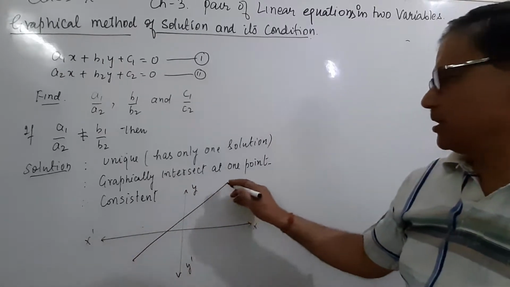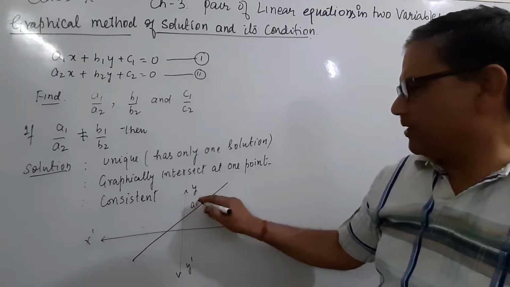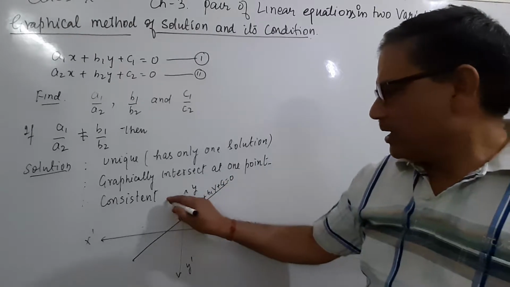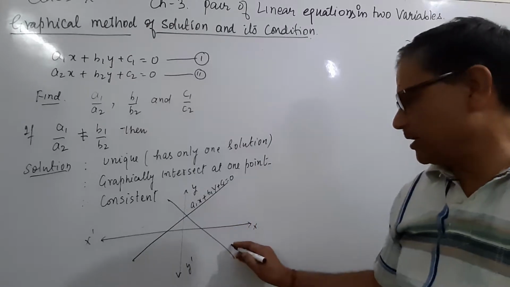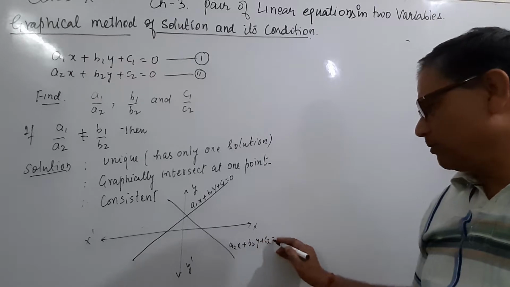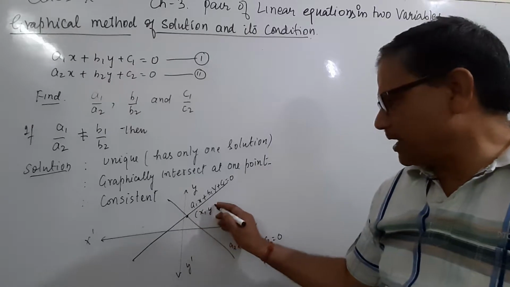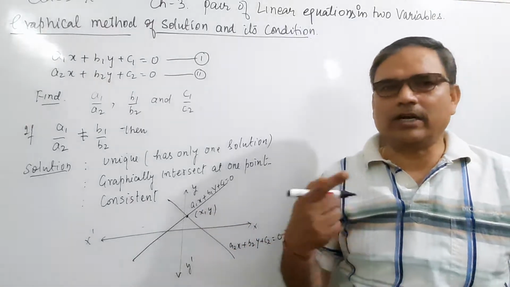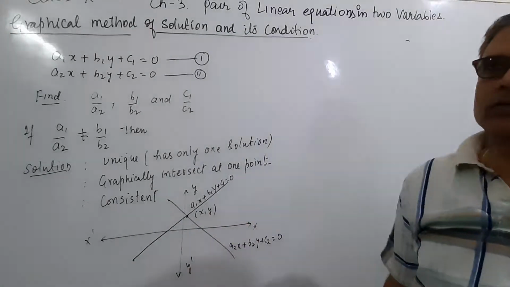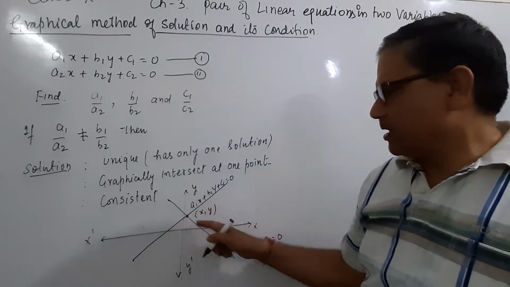This is the line for the first equation, a1x plus b1y plus c1 equal to 0, and this one is for the second equation, a2x plus b2y plus c2 equal to 0. This is the value of x and y which exists as an ordered pair, and this x and y is the solution for both equations.